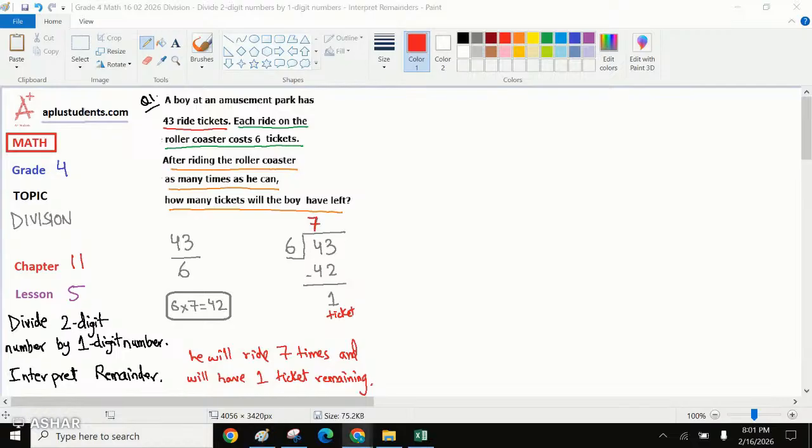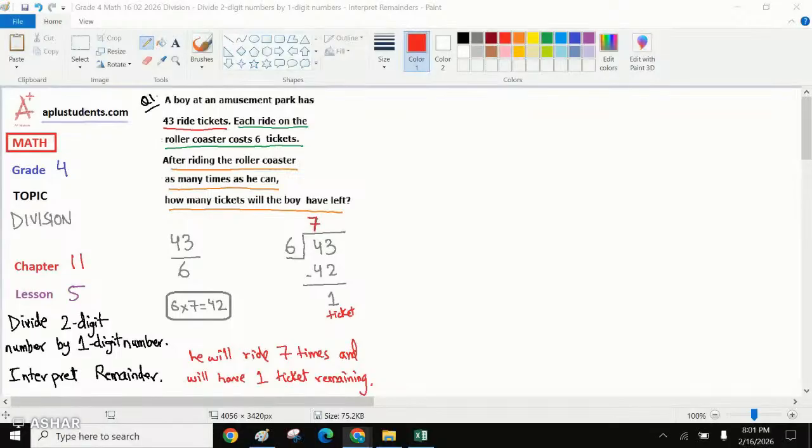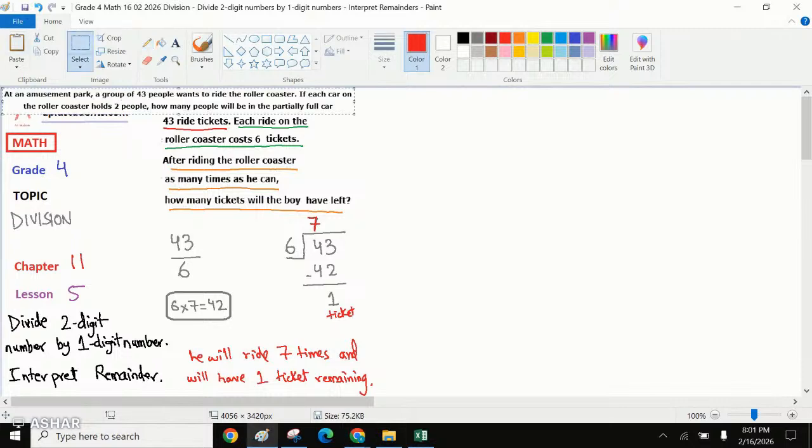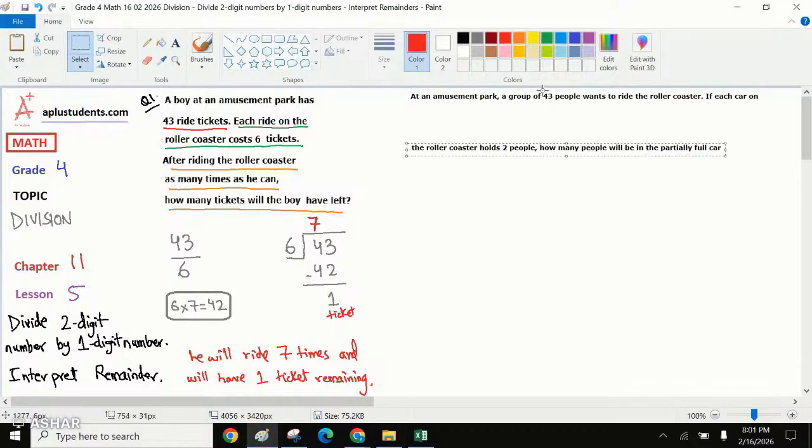Okay, let's look at another example. The next question is about an amusement park again, question number 2. It's about a roller coaster. A group of 43 people want to ride a roller coaster.